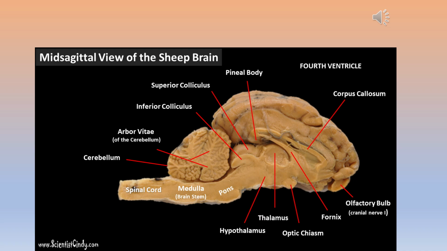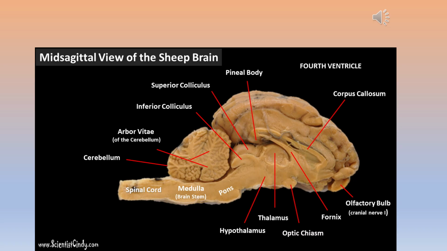The structures of the tectum are the corpora quadrigemini. The corpora quadrigemini are the two, left and right, superior colliculi, and the two, left and right, inferior colliculi. So you can see how you would see those if you folded the cerebellum down by bending the brain a little bit to look down into the transverse fissure.